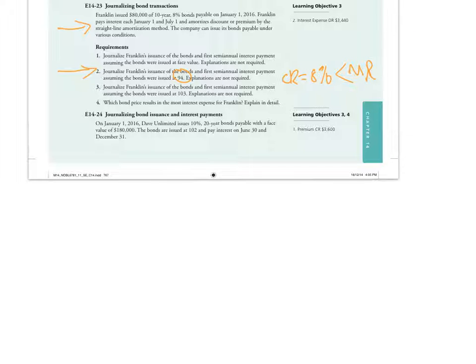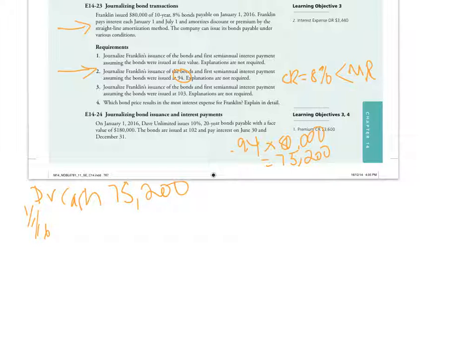That means that we're actually issuing these bonds at 94% of the face of 80,000, and that is only $75,200. That obviously means that we're getting less for the bonds. So on 1/1/16, we get cash of only $75,200, yet we're still going to be crediting the bonds payable account. Let me make a little more space.